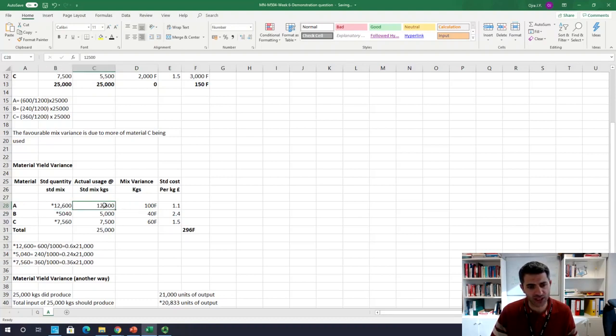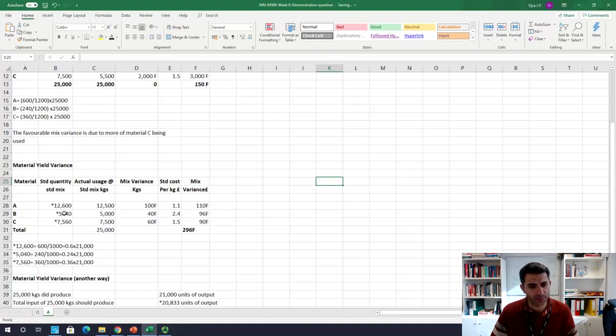That's why it's favorable: we use less than we expected. Multiply by 1.1 per kilo, and you should be able to find the pound figure, which is 110 favorable.